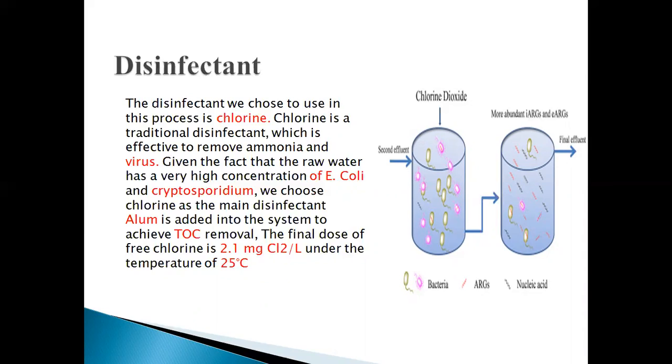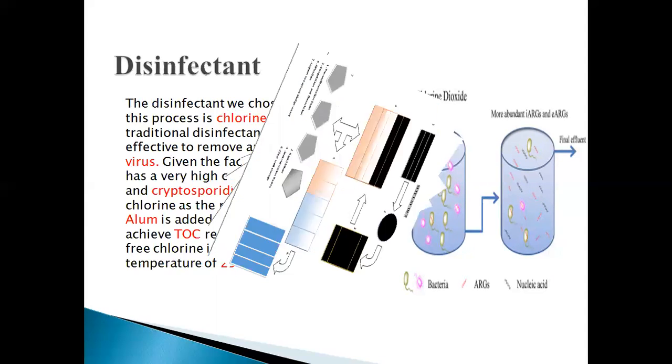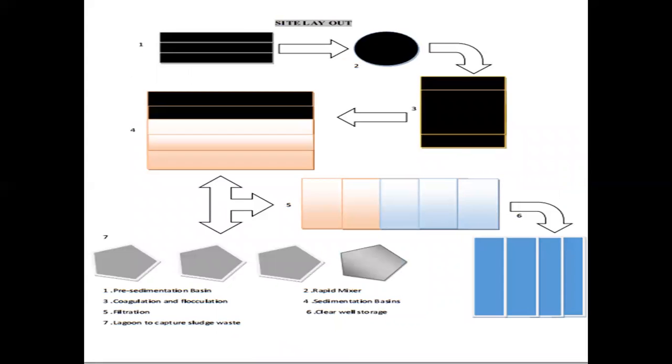I choose chlorine because it is very effective at removing such contaminants from raw water. The dosage of chlorine which I calculated is 2.1 milligrams per liter at a temperature of 25. This is the layout of my project.